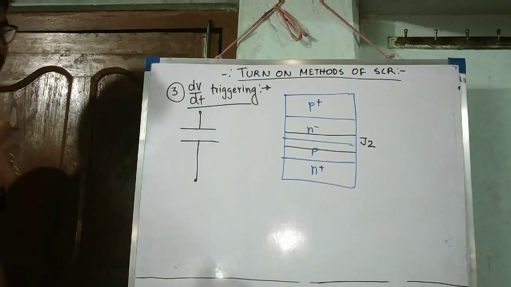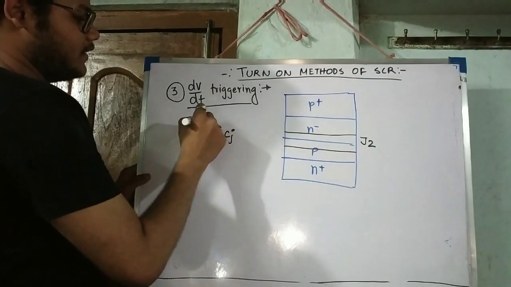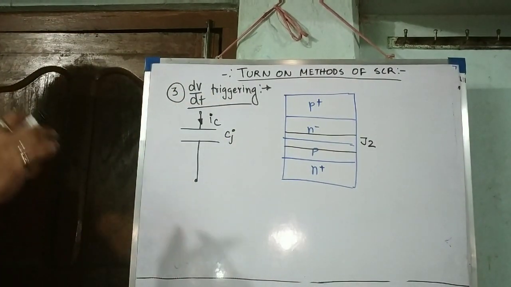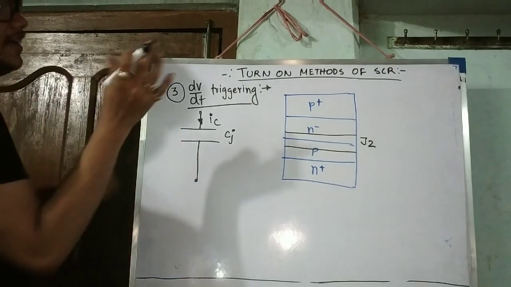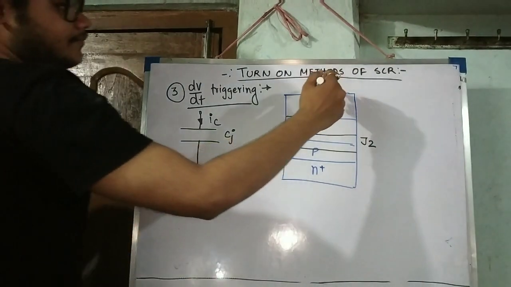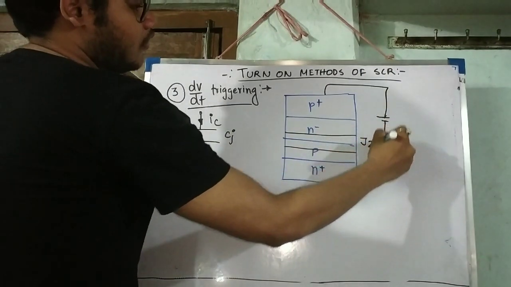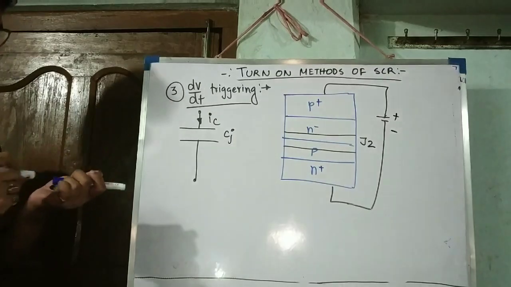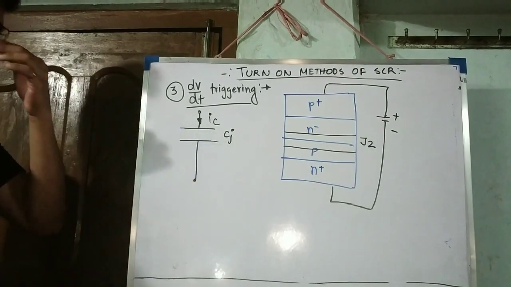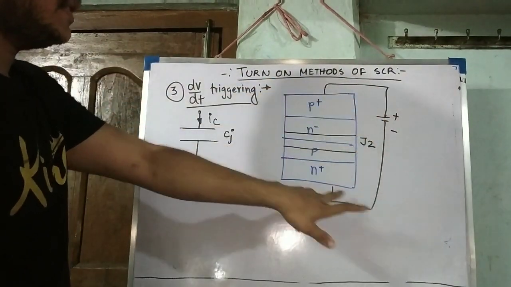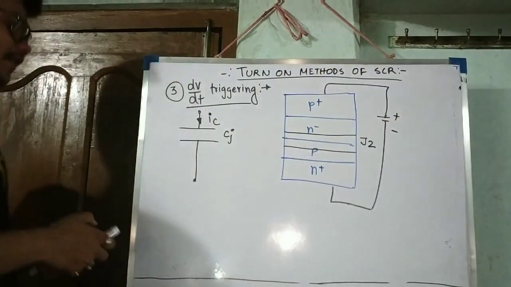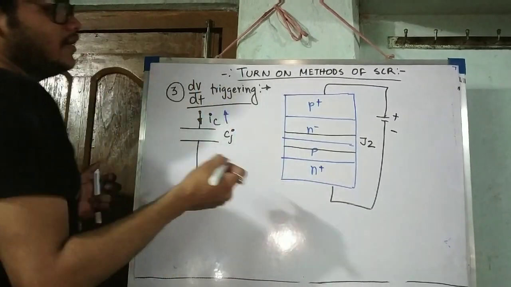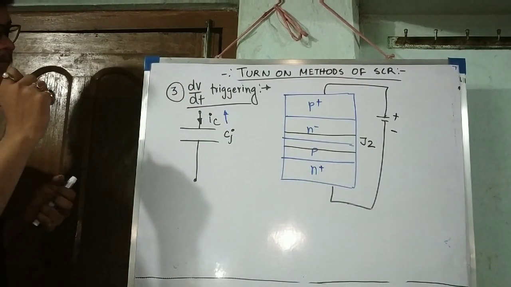This can be considered as a capacitor, and the capacitor will carry some charging current. If the value of this charging current is high enough, and the charging current is basically your anode current, see that the direction is the same, then your device starts conducting.